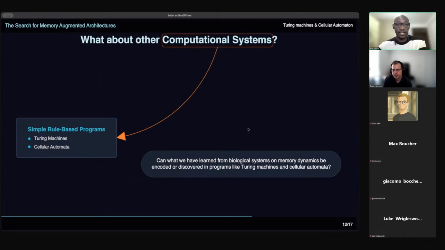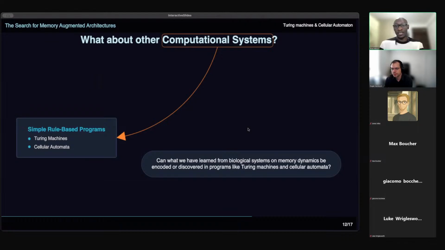So can we use other systems of computation, like systems that are based on rules, for example, Turing machines and cellular automata? And I think the answer is yes, we can use such systems.